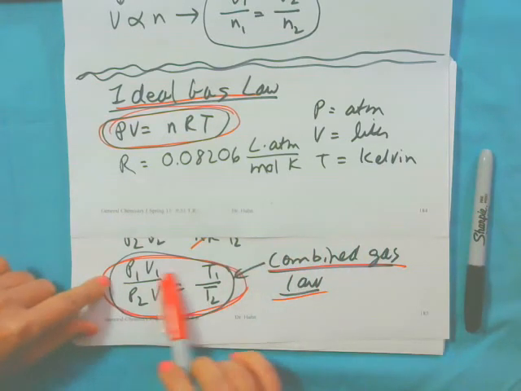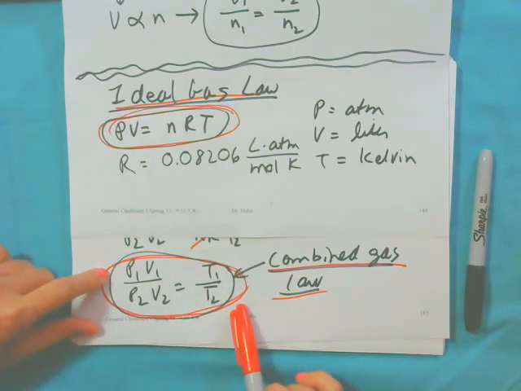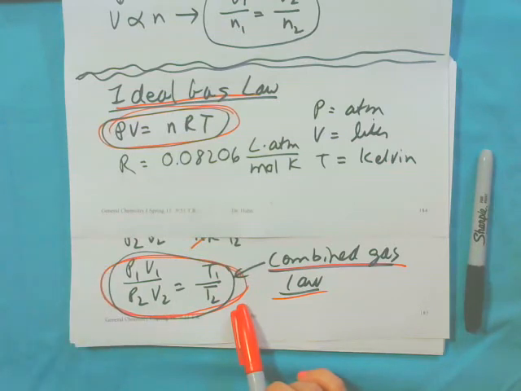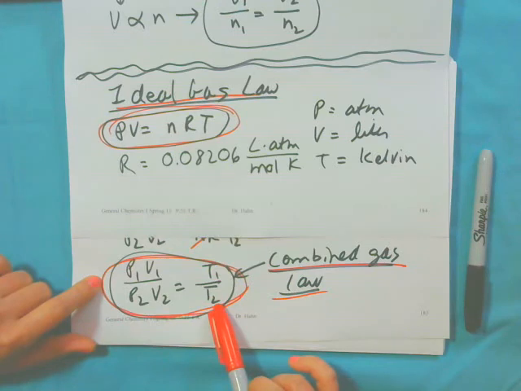So what's nice about this is the combined gas law really combines all the simple gas laws. It combines Boyle's law and Charles's law. So for instance, if you have the same temperature, then temperature 1 is equal to temperature 2, so you'd end up with T1 over T1.